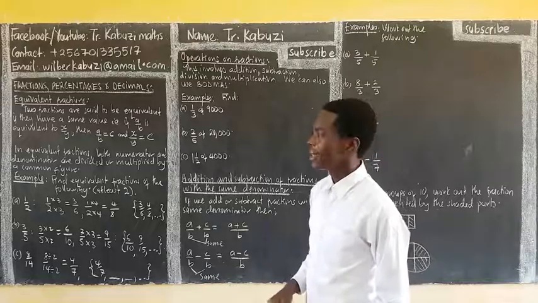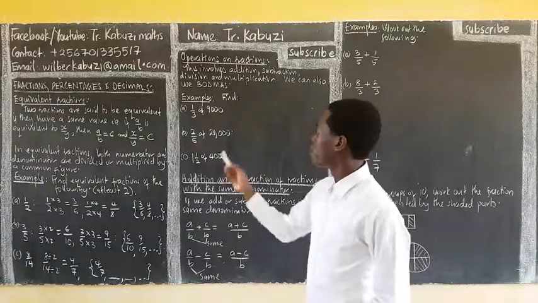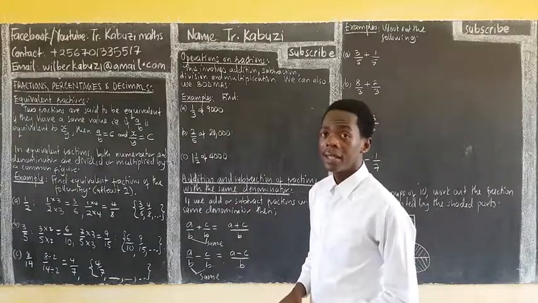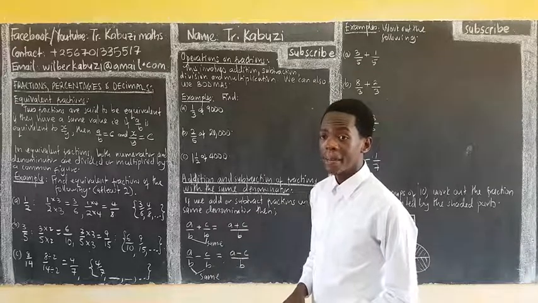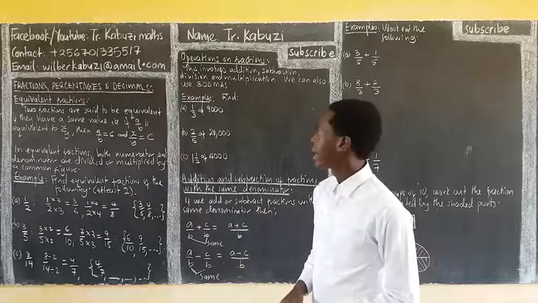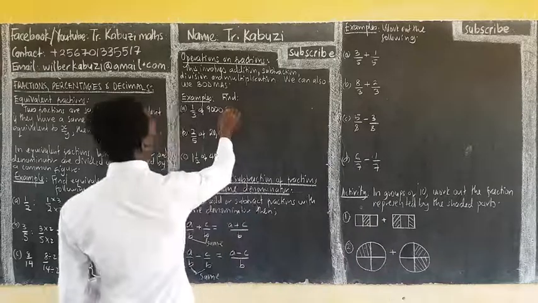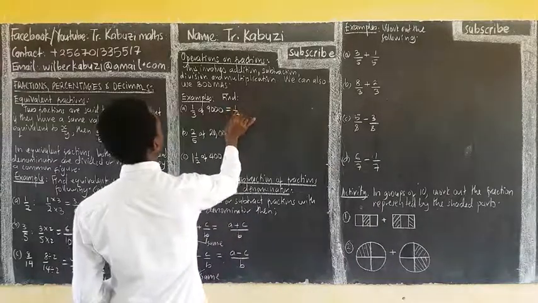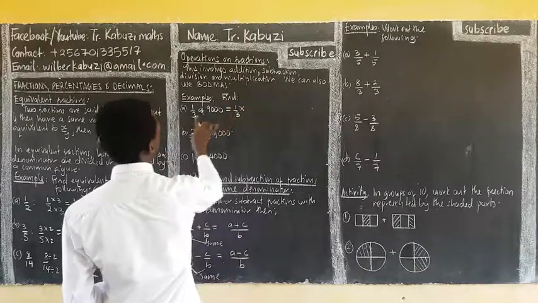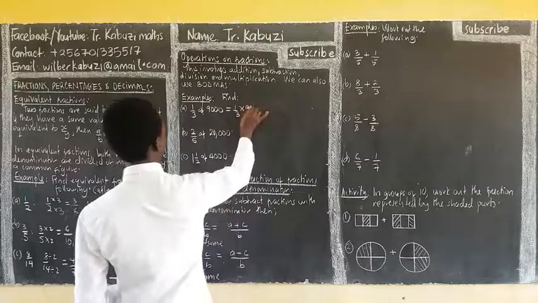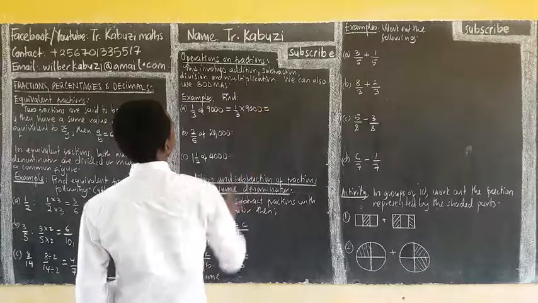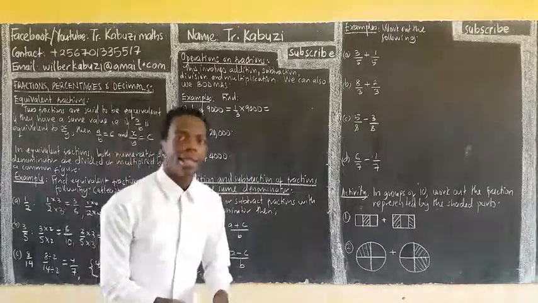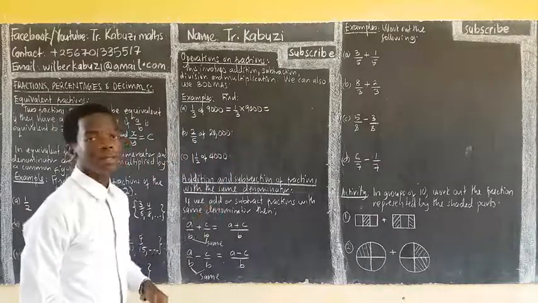Actually, it's going to be "of", and "of" means multiplication. So this is the same as a third, where it is "of", replace with a multiplication sign, 9,000. So if they tell you to get a third of 9,000, this is what you do.